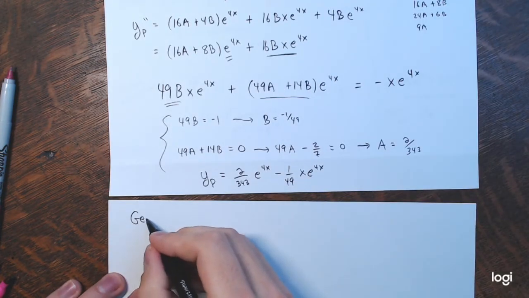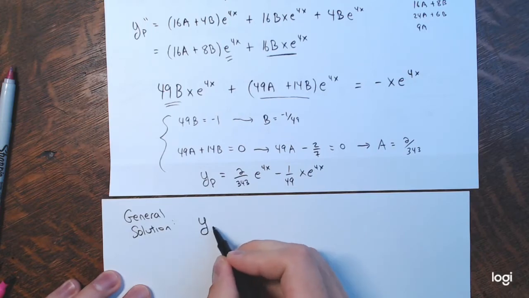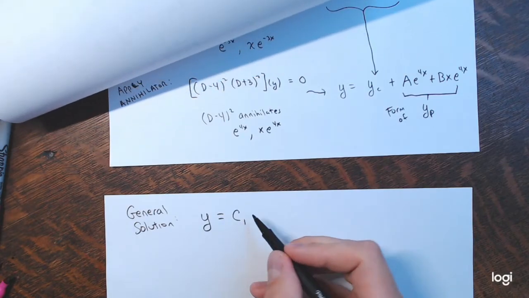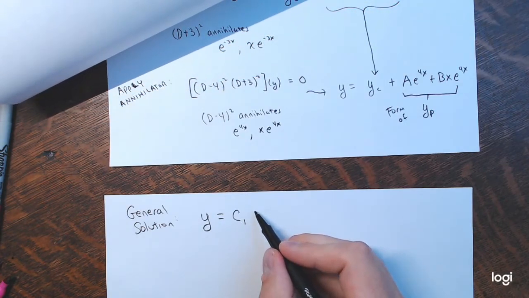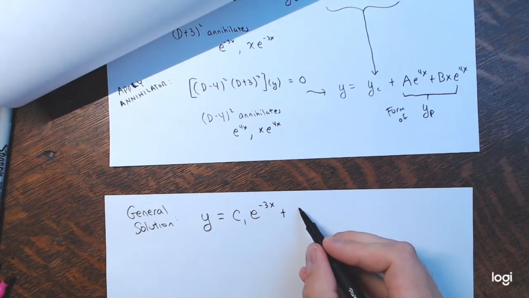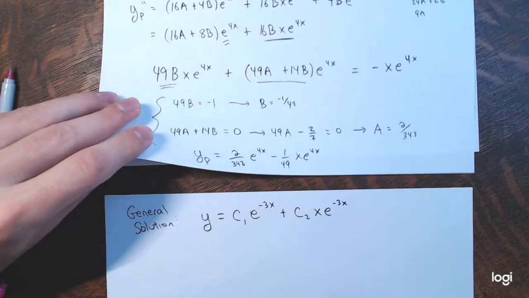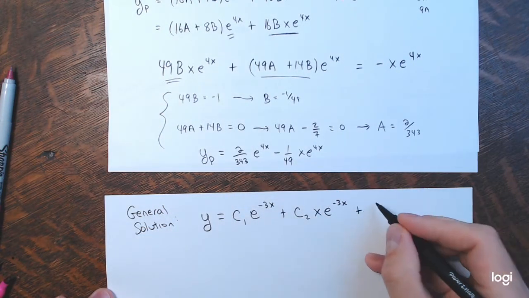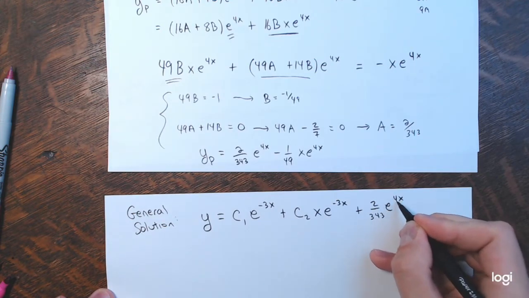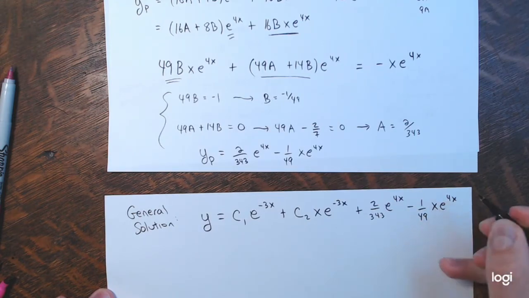Putting these together, the complementary function and this particular solution, the general solution to this differential equation is, let's see, the complementary function was some constant c1 times e to the negative 3x plus some constant c2 times x times e to the negative 3x, and then plus our particular solution that I have found here, 2/343 times e to the 4x minus 1/49 times x times e to the 4x.